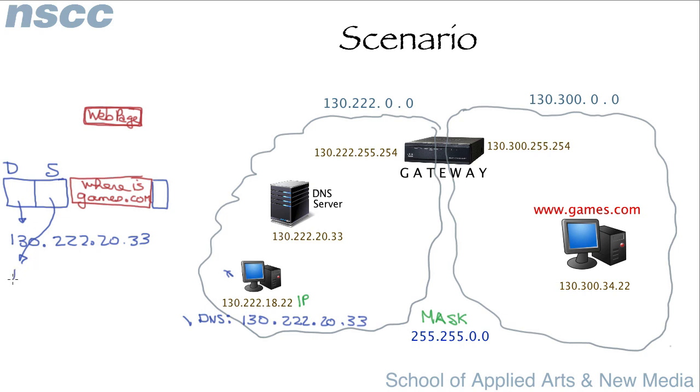Well, who's sending it is 130.222.18.22. So that packet goes out on the local network to the DNS service. The DNS service looks at the destination address, says, that's me, so I'm going to strip off this information. I'm going to keep the source though, because I'll know where to send the packet back to.